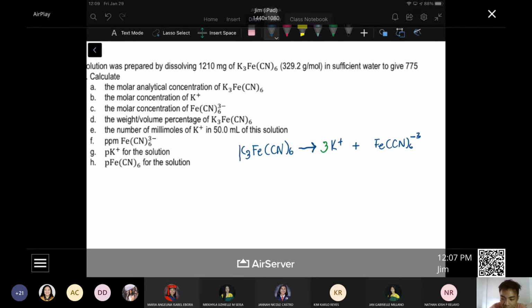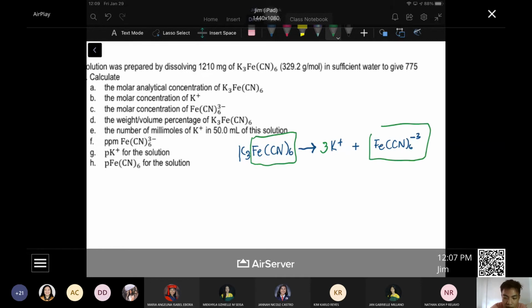And then we only have 1 Fe(CN)6, so 1 lang yung coefficient. Kailangan alam nyo yung dissociation reaction. Pag hindi, pwedeng ibigay ko, pero kapag madali lang, hindi ko ibibigay. Kayo na bahala dyan.